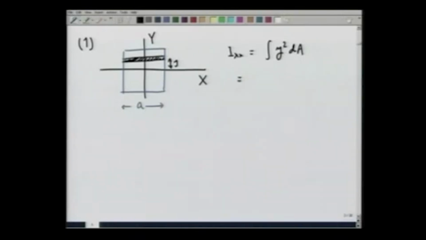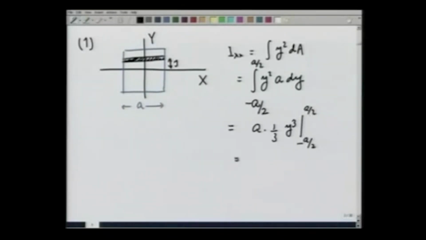So this becomes the integral of y square a dy, where y changes from minus a by 2 to a by 2, and therefore Ixx is going to be a times one third y cubed from minus a by 2 to a by 2, or this comes out to be a raised to 4 over 12.